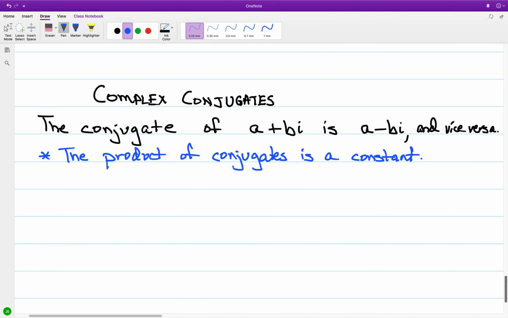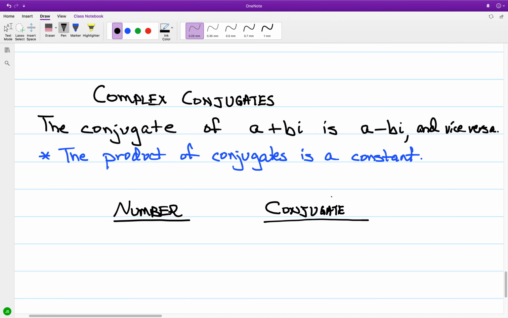Let's say we're identifying conjugates of given numbers. Say we have the complex number 4 plus 3i.